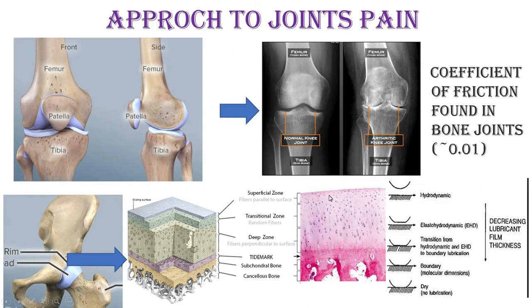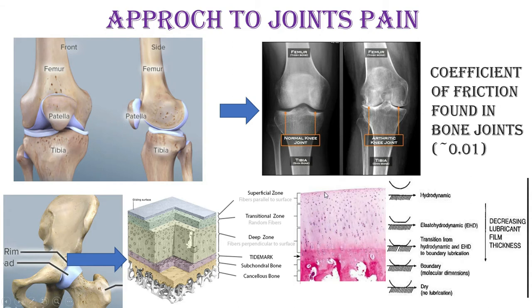Now, this articular surface is actually avascular and is nourished by diffusion from the synovial fluid over this area. Now, this synovial fluid has two important roles. This articular area, this is very important, it's called the tide mark.